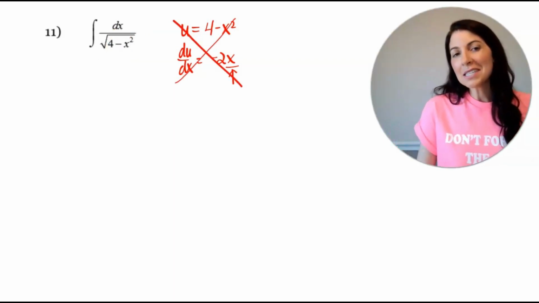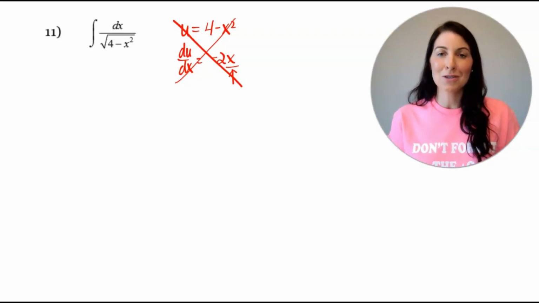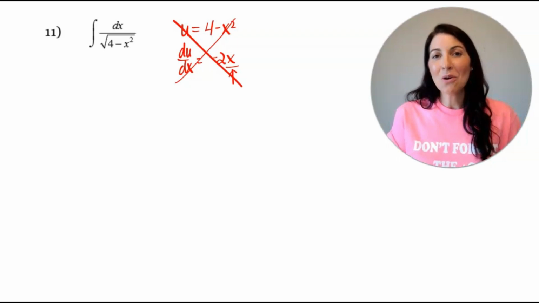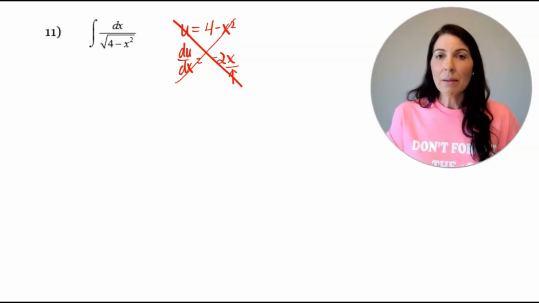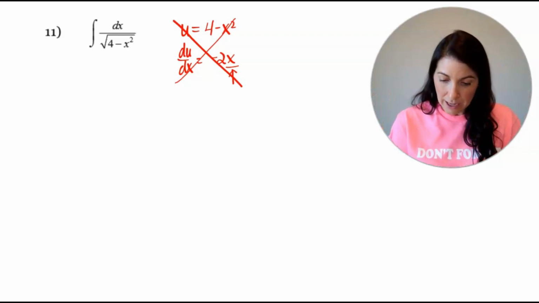In fact, this one is actually going to be what we call an inverse trig problem. All right, this is actually going to be an integral that produces an arc sine function. And let me go through what that integral rule looks like.